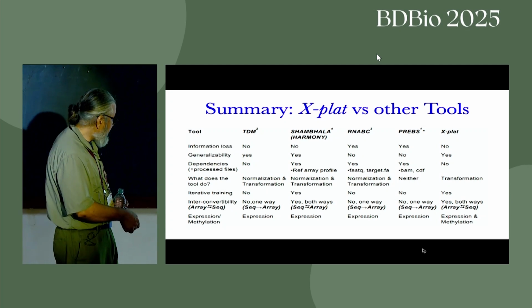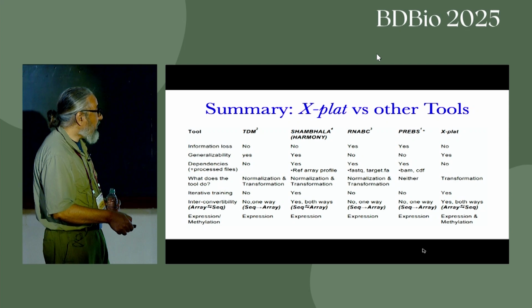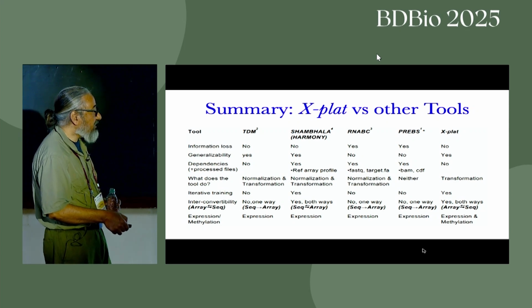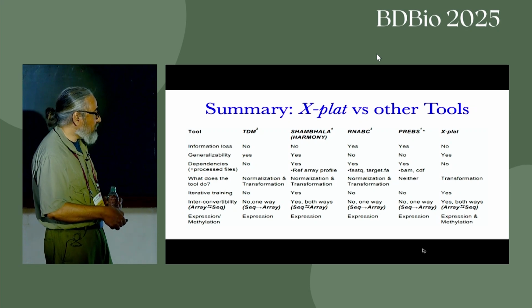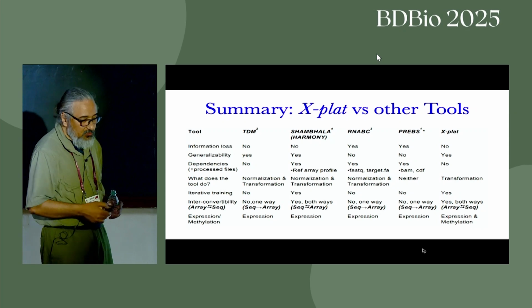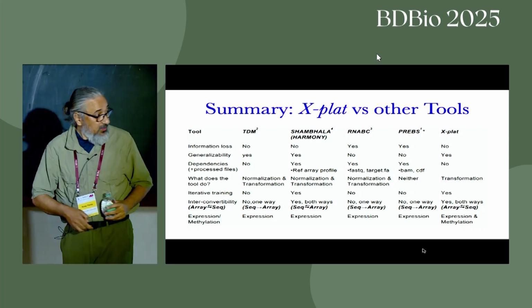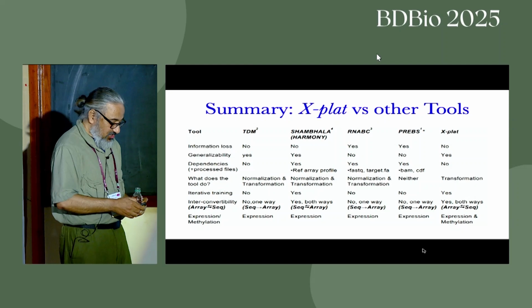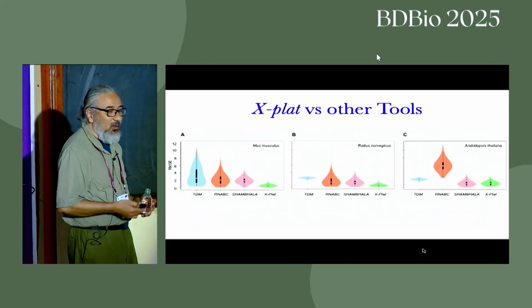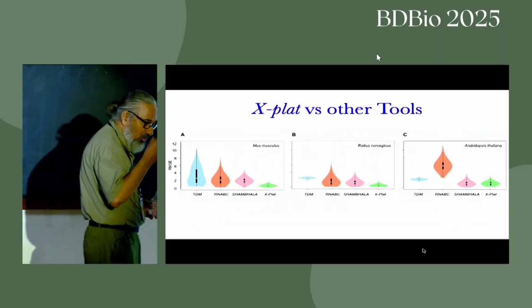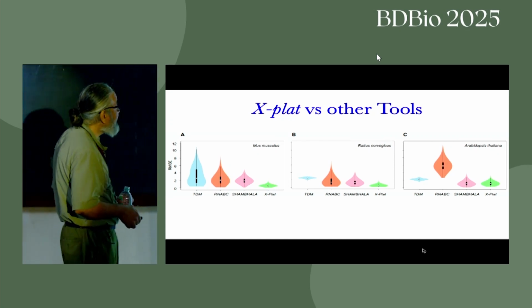But the bottom line is, we can use both expression and methylation, plus we can interconvert array to sequencing and sequencing to array, which, except for one tool, others don't do, or only do for expression. So I think we have an advantage over others. Now, if I may take just 10 seconds, this is the old comparison where the data is lost, so I didn't show it in the beginning anyway.